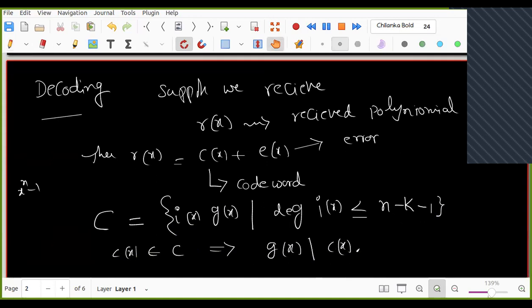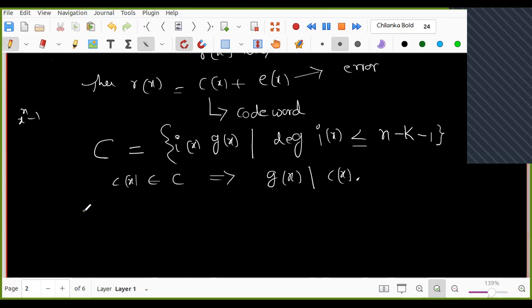Now, syndrome: by using the syndrome we can detect errors. The syndrome vector s of x is equal to r of x modulo g of x.